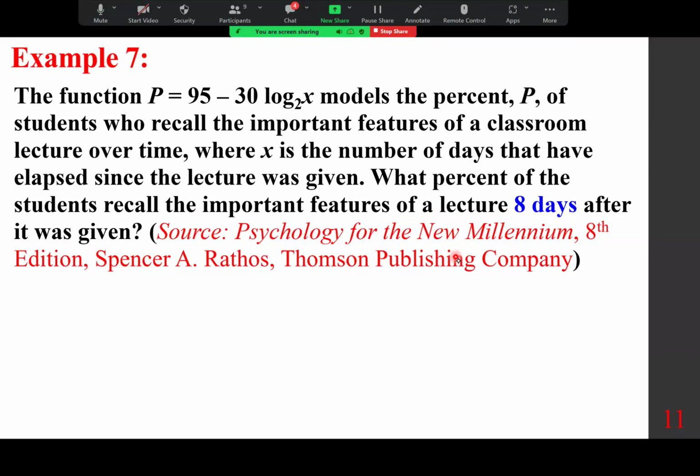Well, basically, we have to plug into this x equals 8. That's all we have to do.